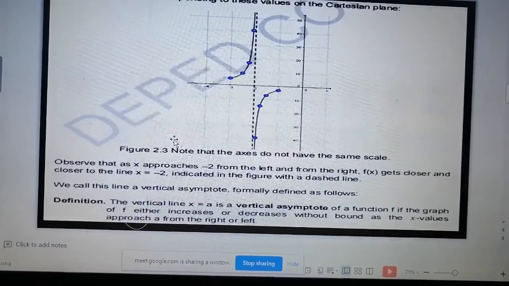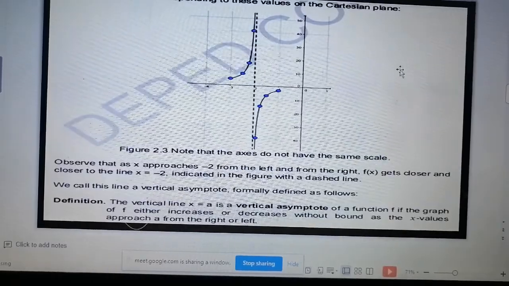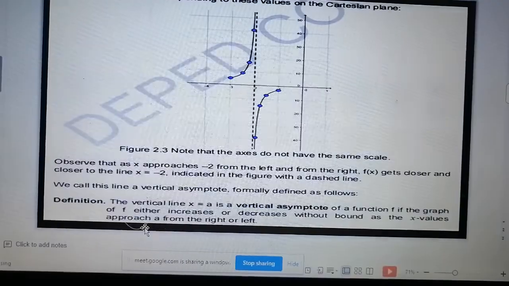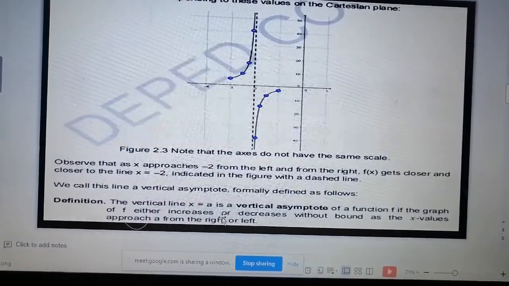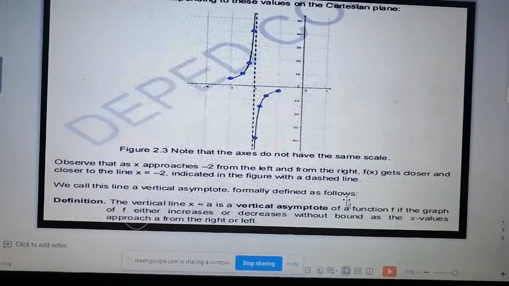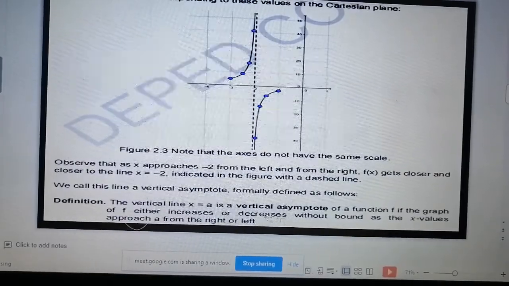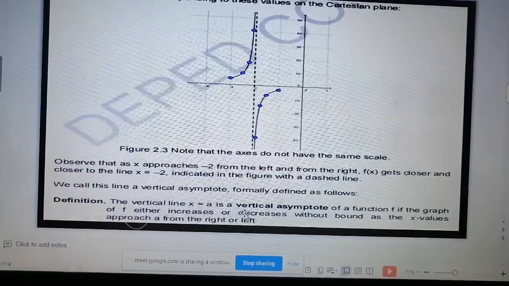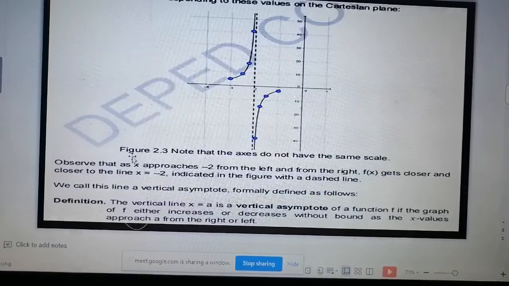Okay, formally defined as the following. Pag sinabing vertical asymptote, the vertical line x is equal to a is a vertical asymptote of the function f if the graph of f either increases or decreases without bound as the x values approach a from the right or left.